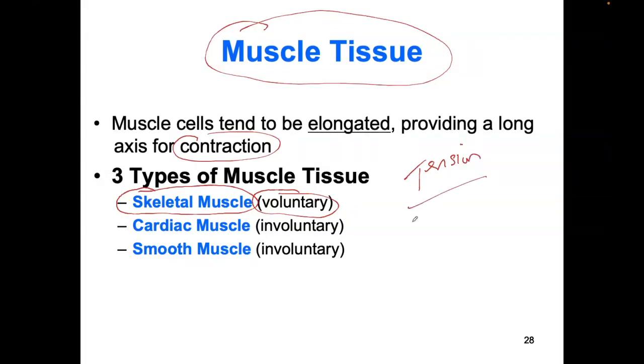And you can have tension when a muscle is shortening, lengthening, or remaining the same length. There could be tension when a muscle shortens, lengthens, or even remains the same length. So all of these are contracting. Okay. All right. So that's one type of muscle.